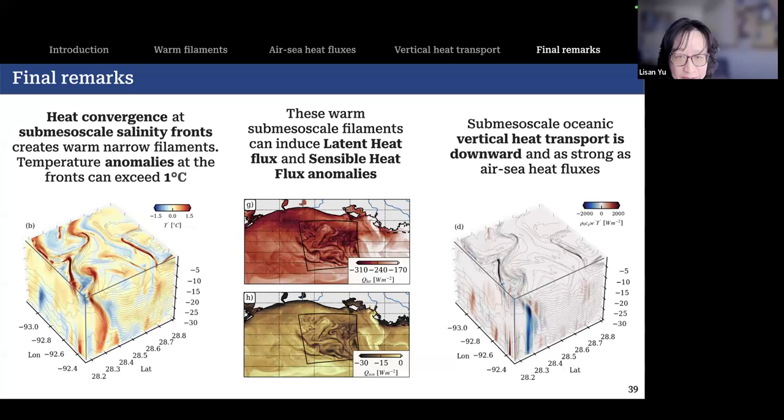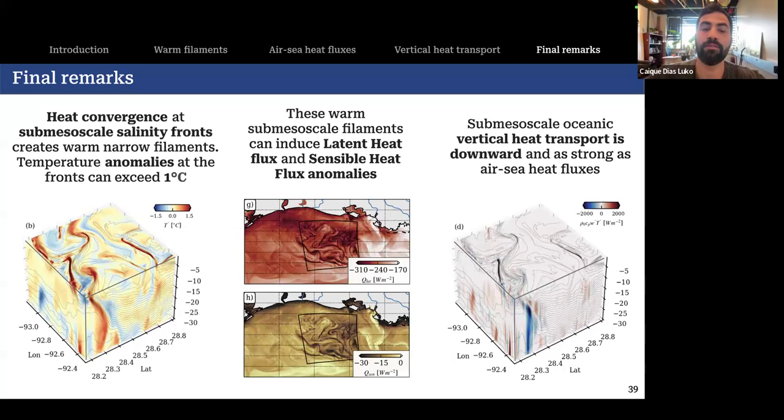So this anomaly is basically the ocean's effect, those filament effects, on the atmosphere. Does the atmosphere respond to the anomaly? If so, do they feed back to it? If they feed back, they could kill those anomalies. So how does your experiment deal with the feedback interaction between the atmosphere and the ocean? Yeah, unfortunately, since our model is not coupled, we couldn't see what would be the feedback in the atmosphere.